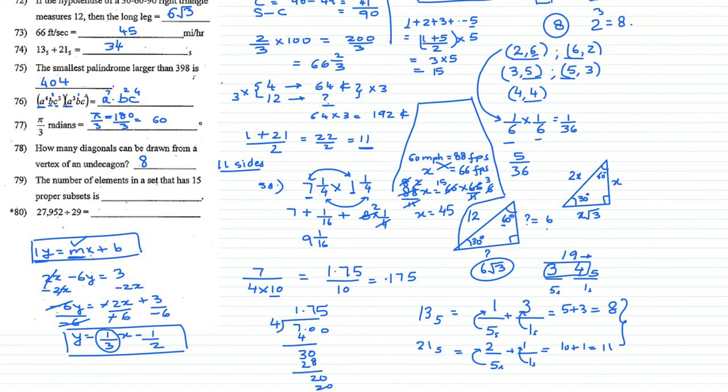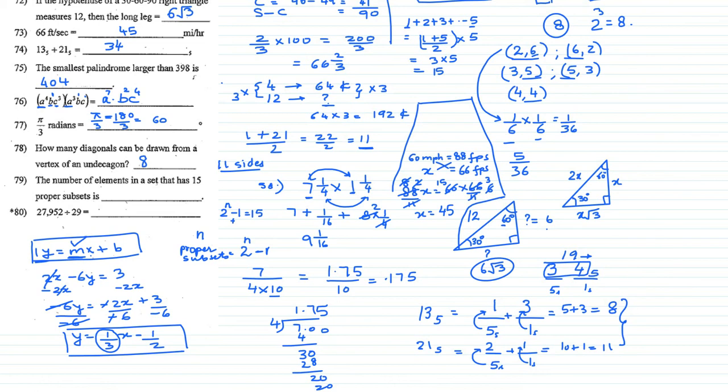Question 79. The number of elements in a set that has 15 proper subsets is how many? So we know that if the number of elements in a set is n, the number of proper subsets is equal to 2 to the power n minus 1. So in this case, what's given to us is 2 to the power n minus 1 is equal to 15.